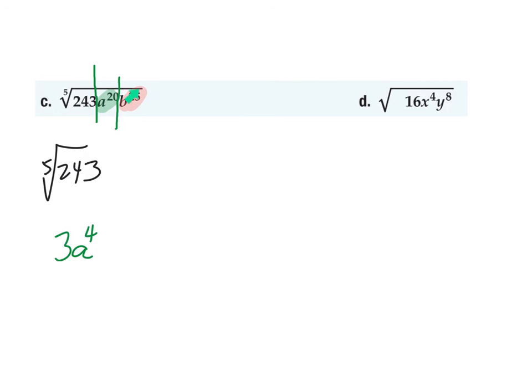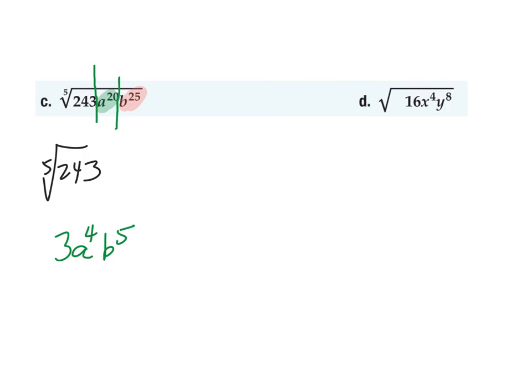I take the power divided by the index, so 25 divided by 5, that is 5, and that is my final answer. Hopefully you think that's a lot easier than rewriting it as something to the 5th power. I think that'll work out better. Again, notice there's no trick for the numbers itself. The only trick that exists is for the powers on the variables. Try not to get that mixed up.